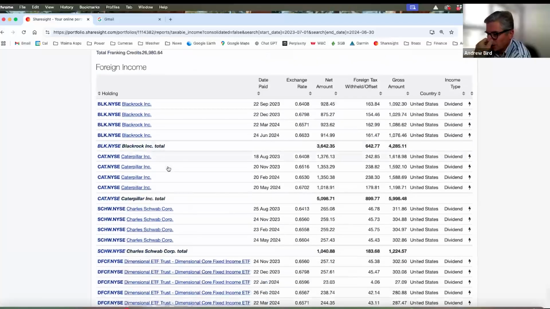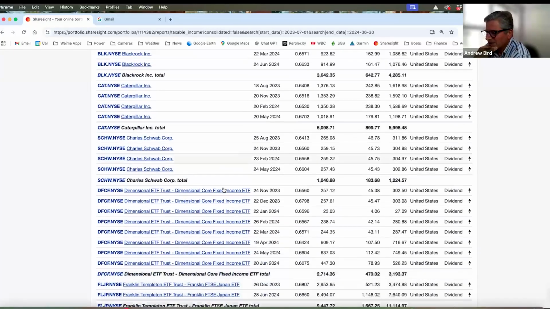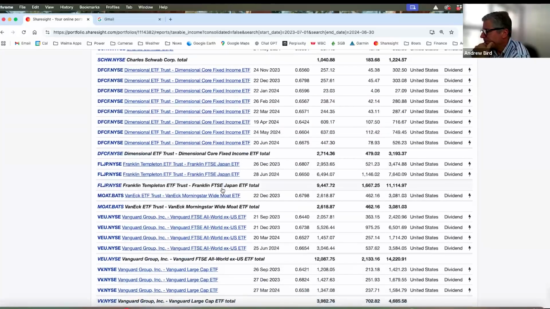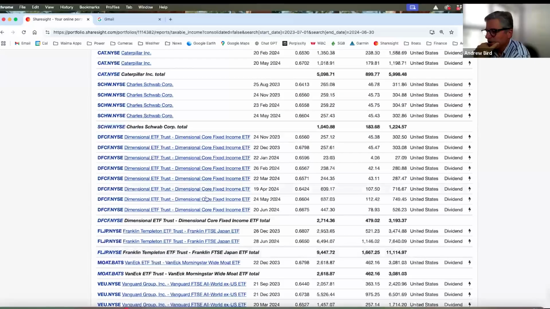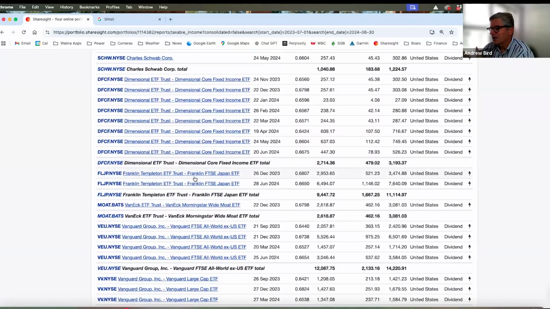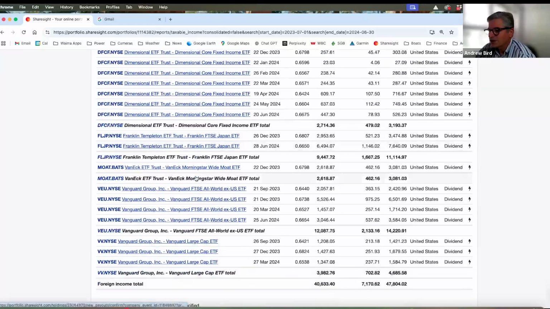There are areas where Class doesn't necessarily have full coverage of overseas brokers. So I think my accountant actually uses Sharesight, and my accountant has access to my Sharesight account, so they can go in and pull this information if they need to.